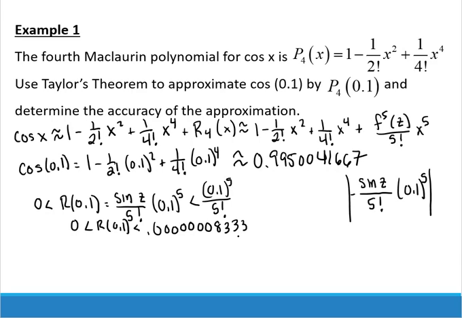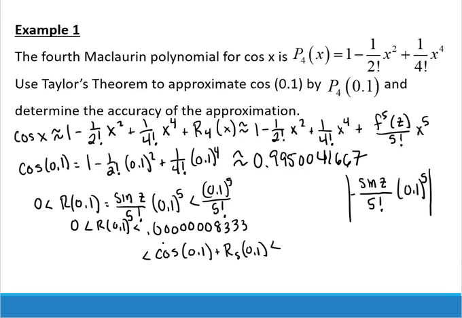So I know that the cosine value of 0.1 plus my remainder at my fifth term is somewhere between the adding and subtracting. So I add this number to that number and I subtract it.